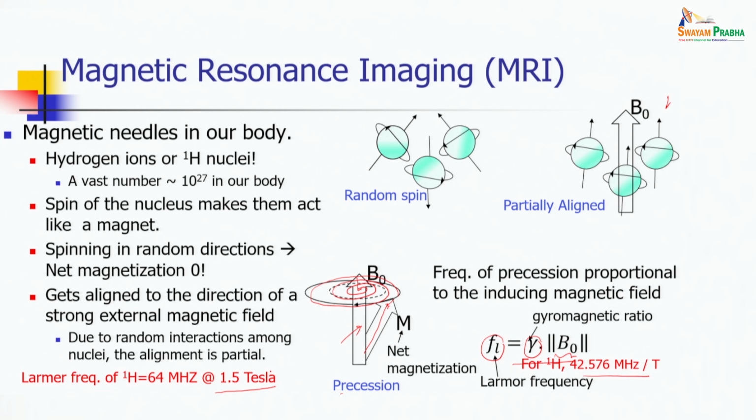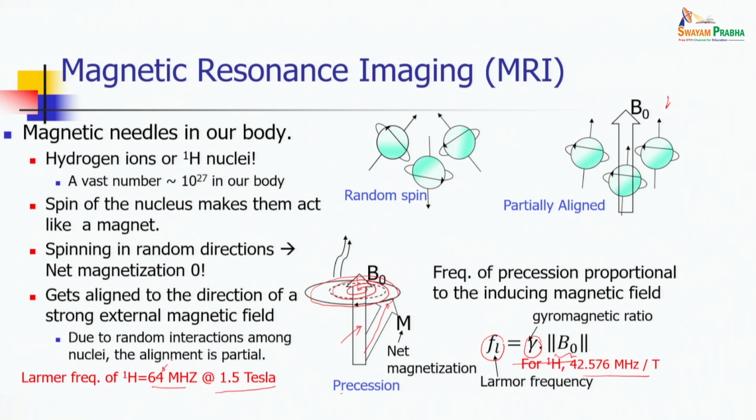So we can see that given this magnetic field, there is a particular frequency at which this rotation takes place. This is what magnetic resonance is, and this is the key information which is used for sensing the magnetization.